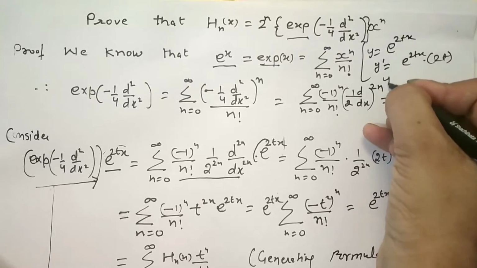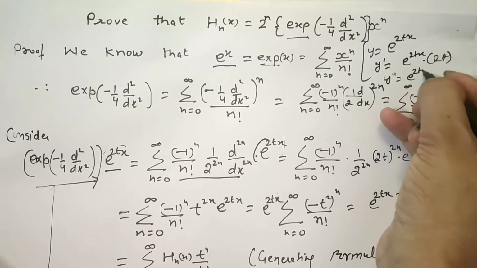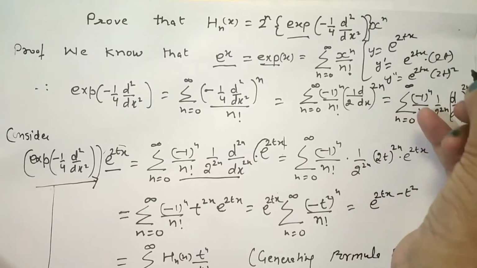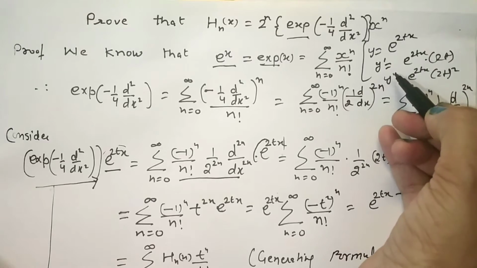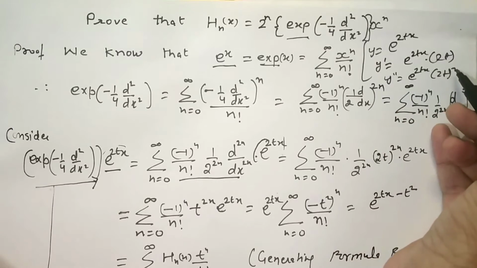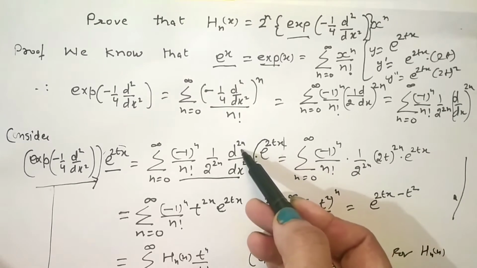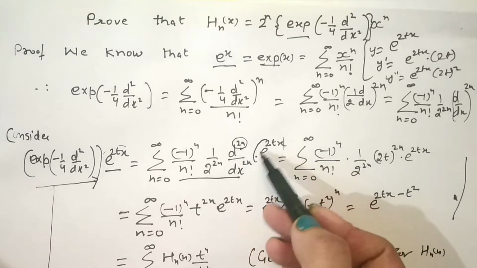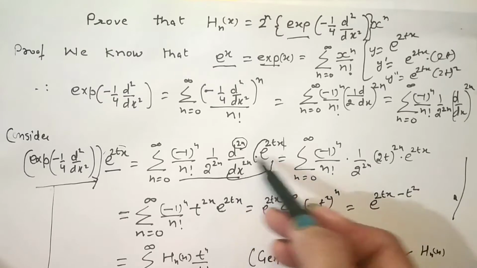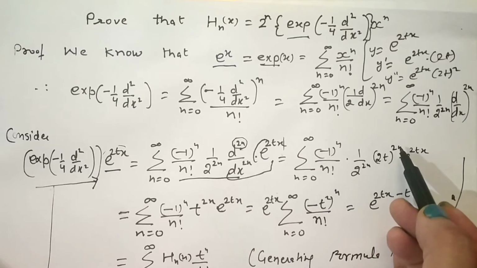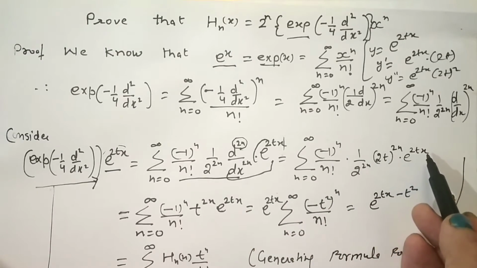Again you differentiate, it will be e raised to power 2tx, again 2t square. So how many times you differentiate, that power will be of 2t. So similarly here we differentiate 2n times, therefore the derivative of this whole term will be 2t raised to power 2n into e raised to power 2tx.